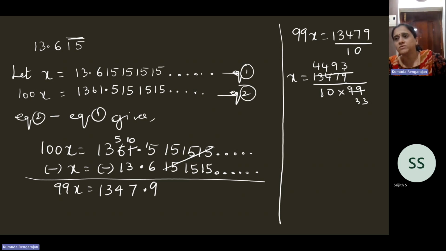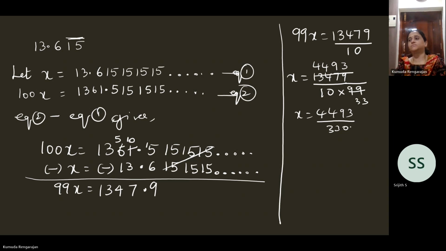So is the numerator divisible by 3 or 11? No, it's not divisible by 3, not by 11. You should use a test of divisibility for all this. So this is the simplest form. x is equal to 4493 divided by 330. This is the p by q form for the decimal number 13.61615 recurring.